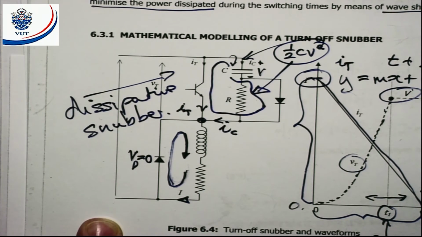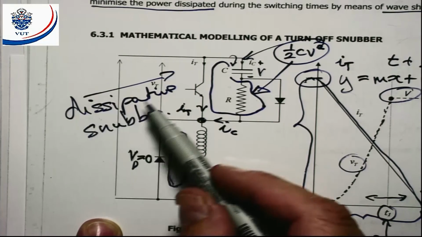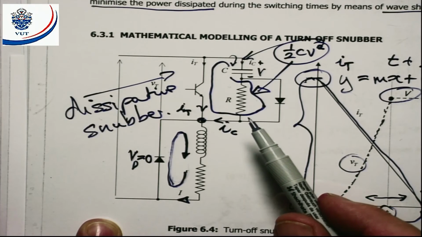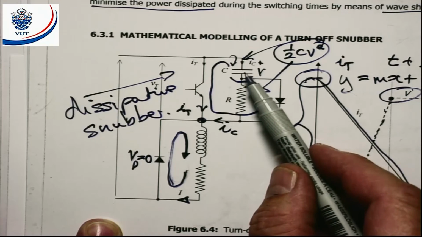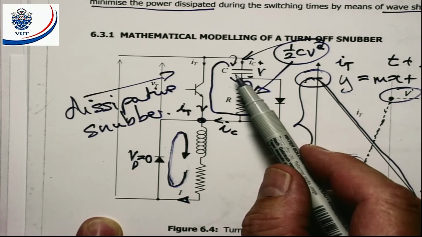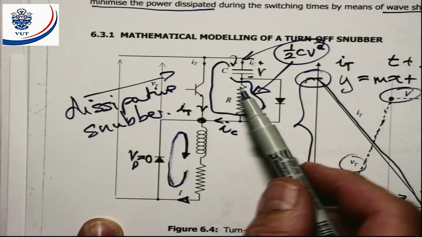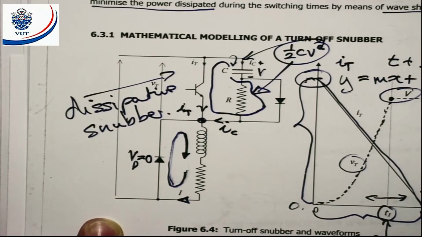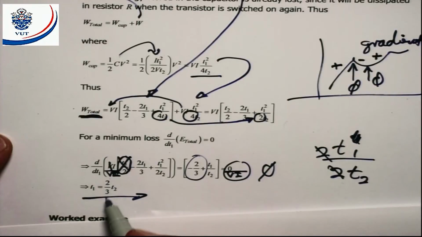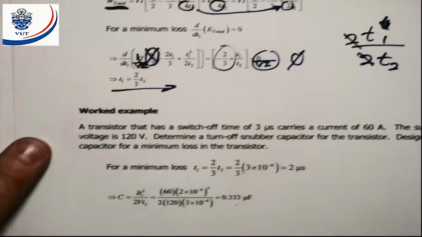One does get non-dissipative snubbers, but they are much more complex than this one. They involve taking the energy that is in the capacitor, and when you switch on again, that energy is transferred back to the source. Two over 3 T2.